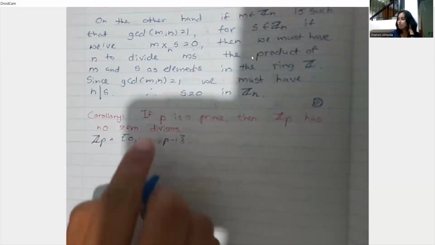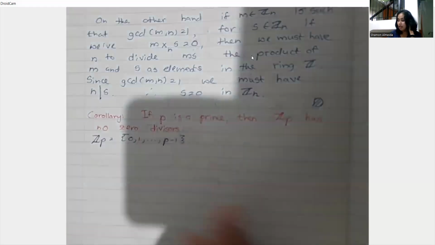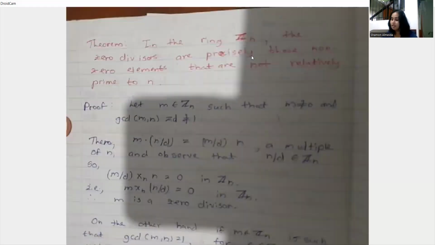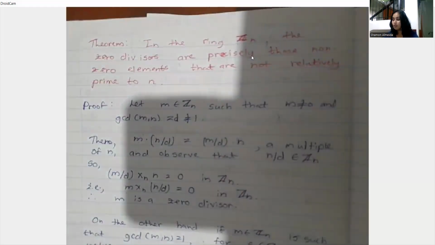Now, P is said to be a prime, right? And if you refer to the previous theorem, it says that in this ring Zn, now instead of n in the corollary we have this n to be a prime number P, the 0 divisors are only those elements that are not relatively prime to n.